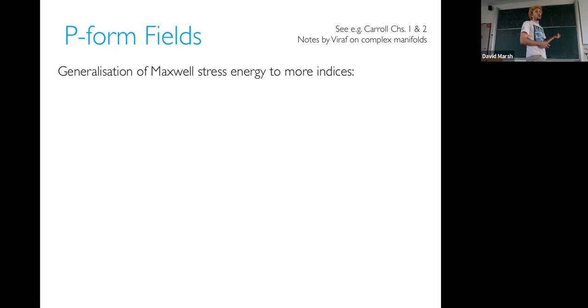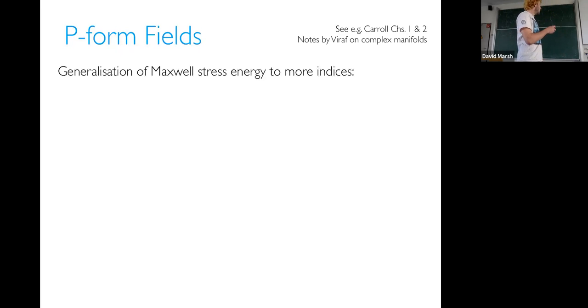There's also an introduction in Becker, Becker, Schwarz that is quite good, in one of the appendices, I think. And Viraf has also kindly prepared some notes on this, and also on what I'll do in the next slides, which I can send to you, and then I'll put them on StudIP with these slides.